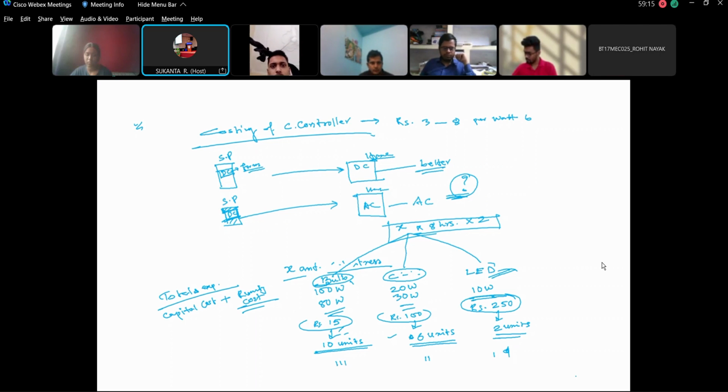Okay, 5-star rating, then 4-star rating, 3-star rating. For a 3-star rating appliance, the capital cost will be less obviously, but the running cost will be more than other 4-star rating and 5-star rating appliances.